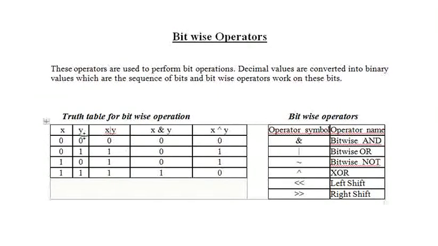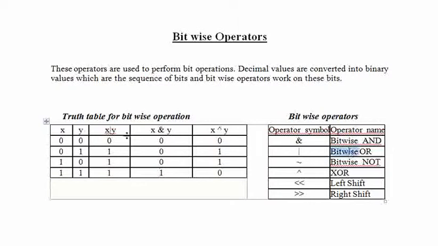Here is the truth table of bitwise operations. This is for the OR, this is for AND, and this is for XOR. Okay, and these are bitwise operators. This is bitwise AND. What it will do is it will return true when both are true.